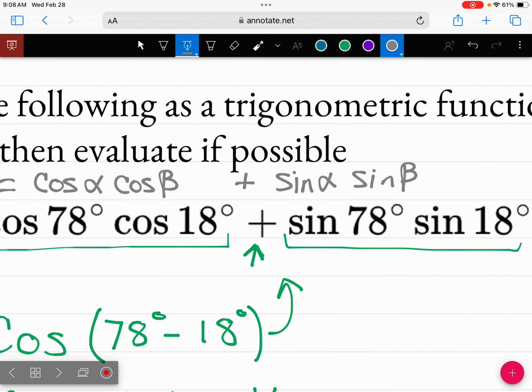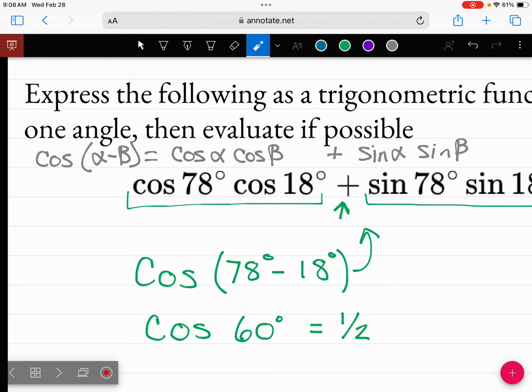So it matches up the fact that this matches here and this matches here with a plus if it's the difference between the two angles. So it's using the formula just backwards. So the sines aren't actually a part of it. This whole thing means this.